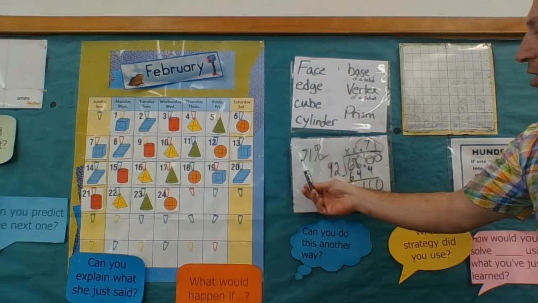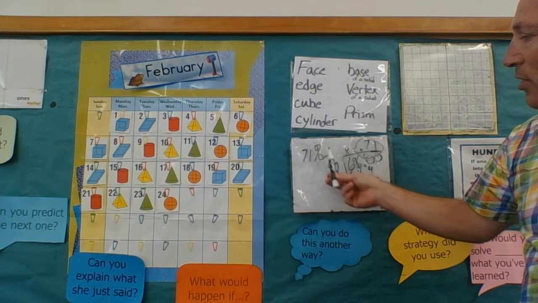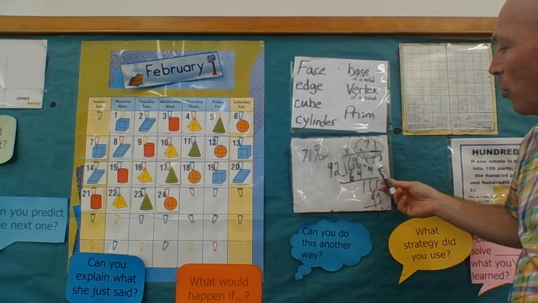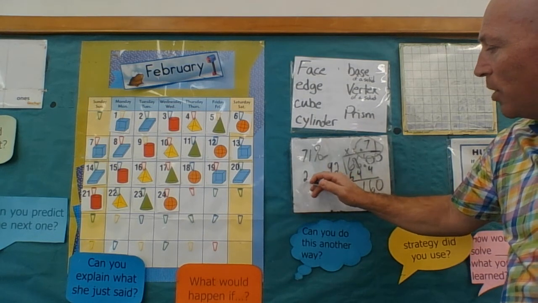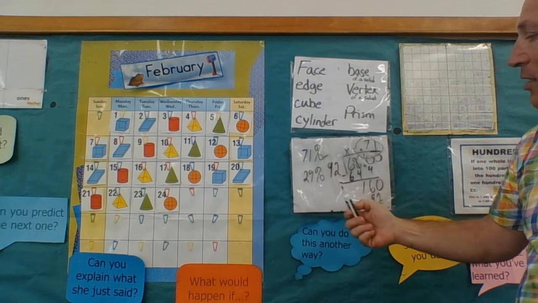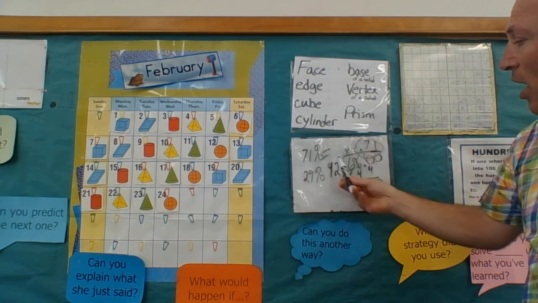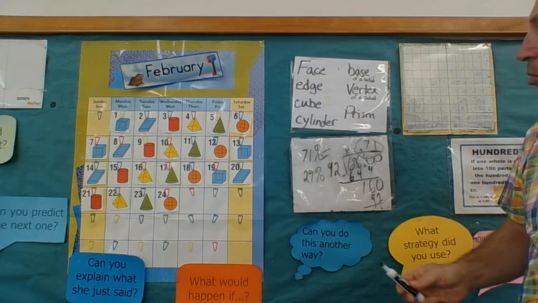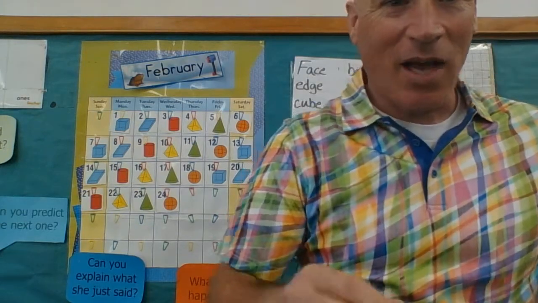If 71% of these 92 days are school days, what percent of these are not school days? Well, since we cut it up into 100 pieces, we can subtract this from 100. So I know it's going to be 29%, because 29 plus 71 is 100. So if 71 represents the days of 92 days that are school days, then that means that 29% is the percent that are weekends.